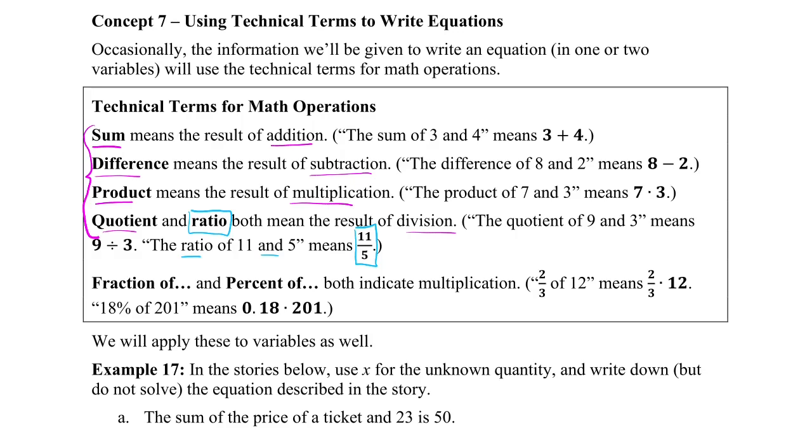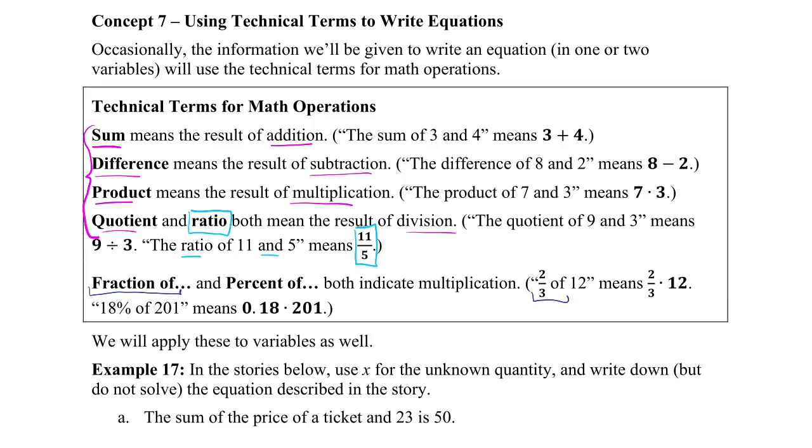And then there are two other phrases we've already met that refer to multiplication. If we talk about a fraction of something, for example, 2/3 of 12, that means 2/3 times 12.